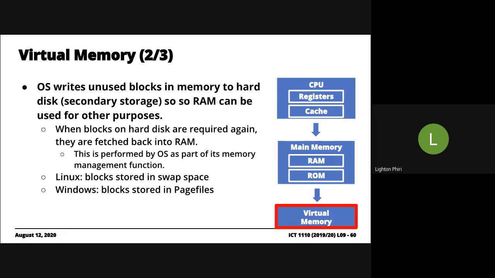When you're not executing it, the program instructions and the corresponding data are stored on secondary storage. Once you execute that program, portions or all of it, depending on the size of the program and if you have enough RAM, will be loaded into main memory.